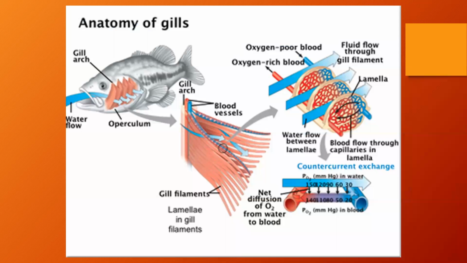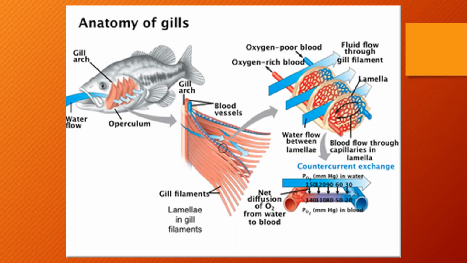Now coming to the organisms that stay in water, that is, fishes. Fishes take in dissolved oxygen because they are not exposed to the atmosphere through which they can directly breathe in the free oxygen present in the air. So fishes have a special structure called gills that helps in the exchange of gases.